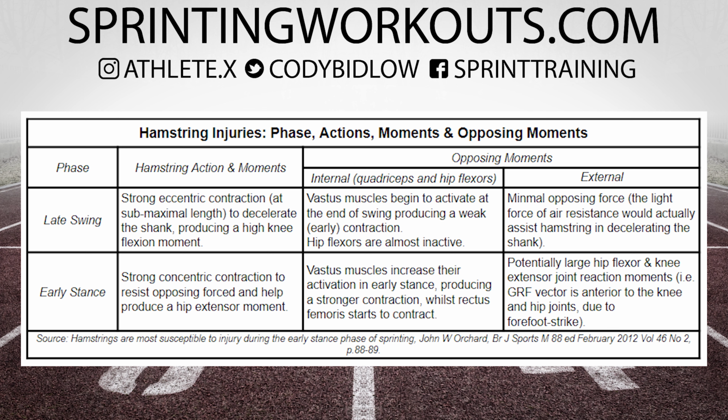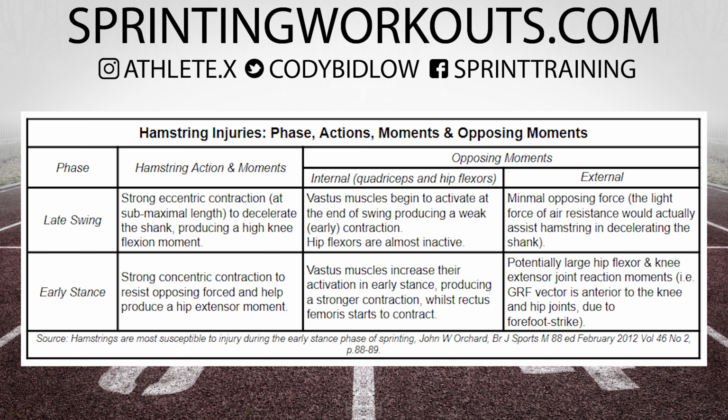And the hip flexors are basically inactive at this point, so there's really not a whole lot of internal opposing forces going on, or opposing moments, specifically in the late swing phase. Externally, there is some opposing force of air resistance, which theoretically would assist the hamstring in decelerating the shin, because if the shin is swinging forward, air resistance is blocking it. That might help slow it down a little bit, but I think the effect there is pretty minimal.